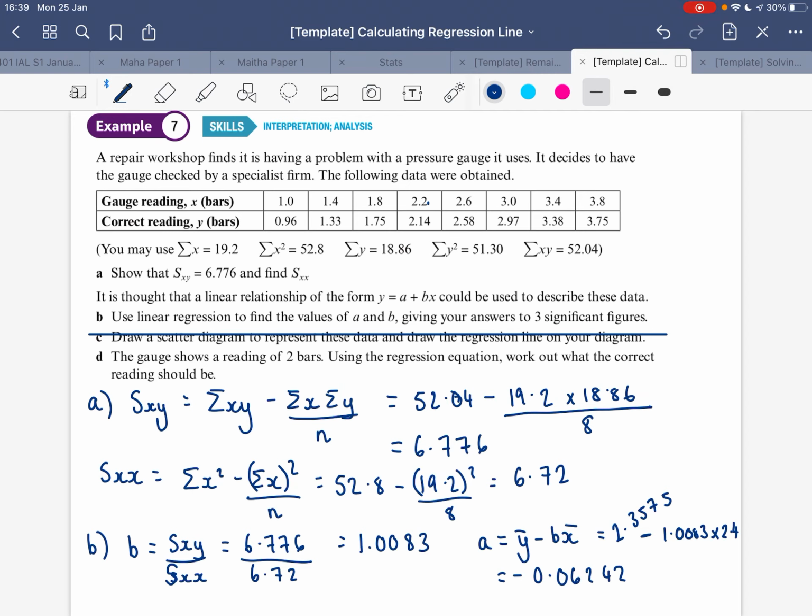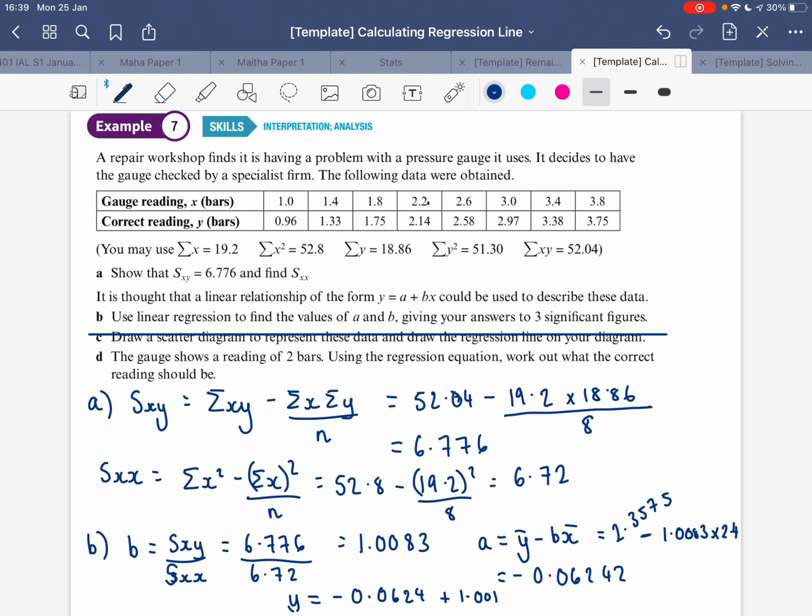So the regression line, given your answers to 3 significant figures. Okay, so our regression equation is y equals negative 0.0624, that's 3 significant figures, plus 1.001.